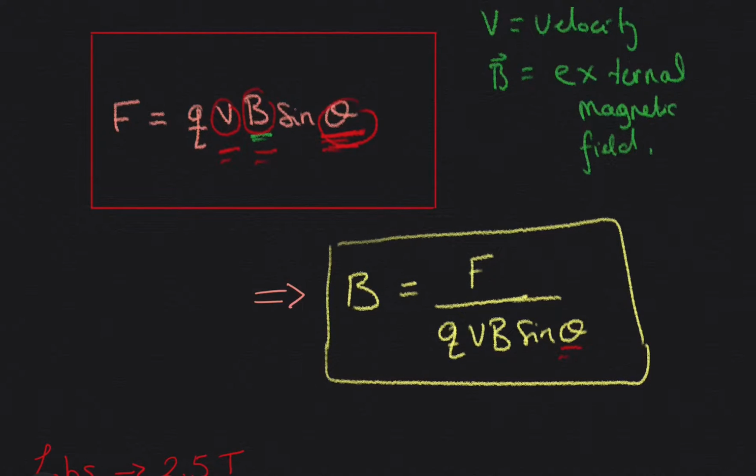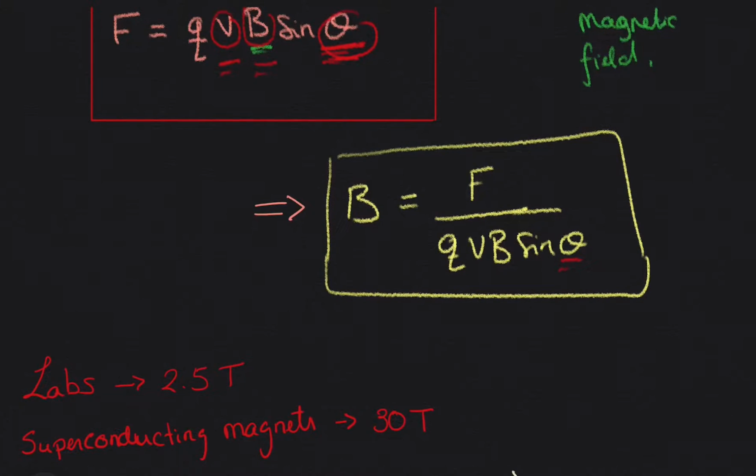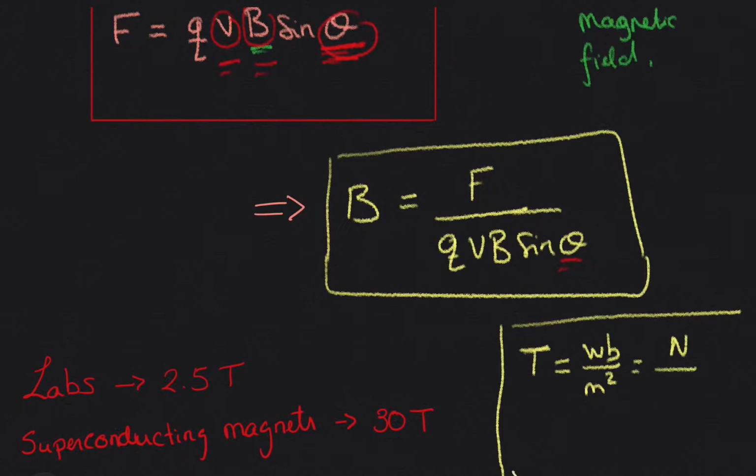All right, so really quickly, I'm going to go over a few units for the magnetic field. The magnetic field has a unit that is a Tesla, denoted by the uppercase T, and a Tesla is equal to a Weber per meter squared. A Weber per meter squared is also equal to a Newton per Coulomb times meter per second.